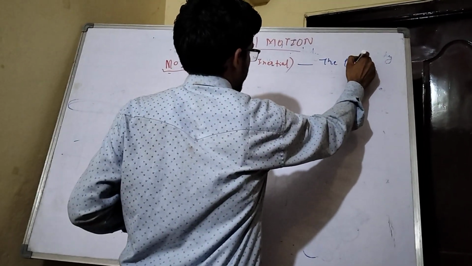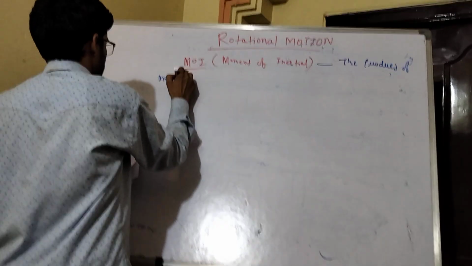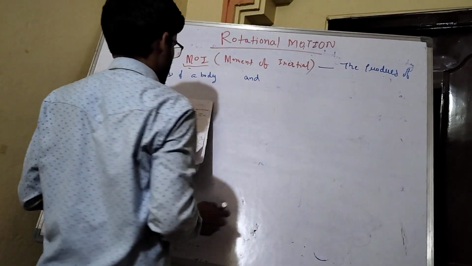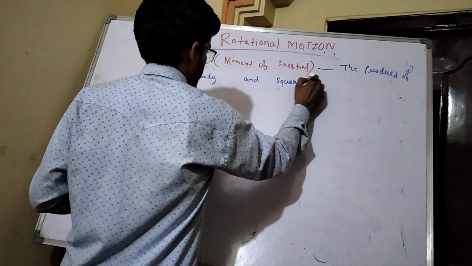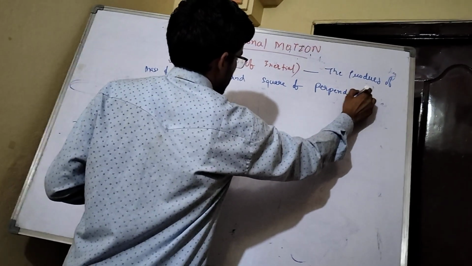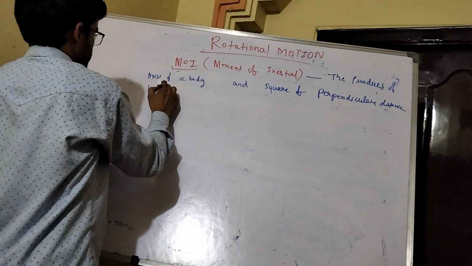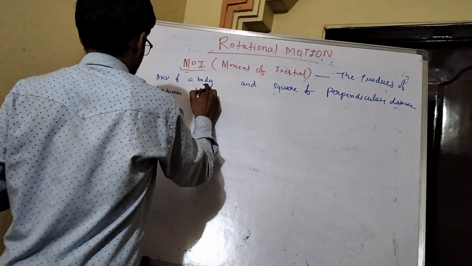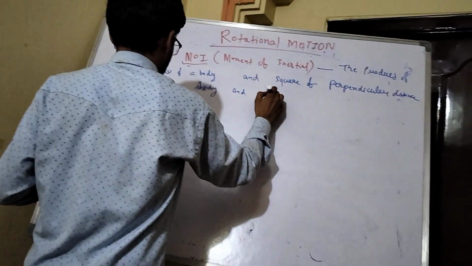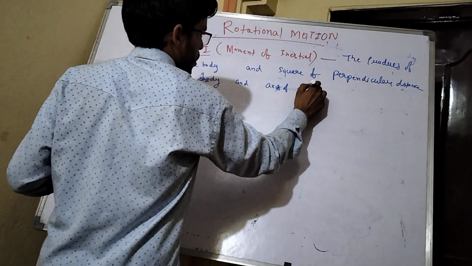The product of the mass of a body and the square of the perpendicular distance between the body and the axis of rotation.